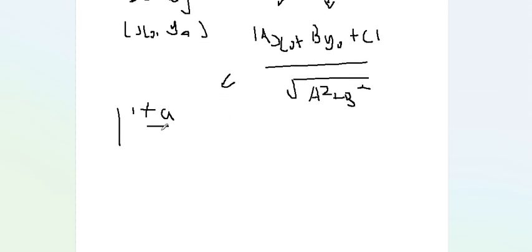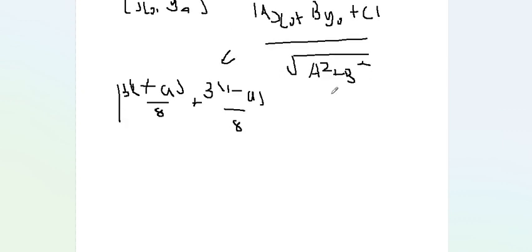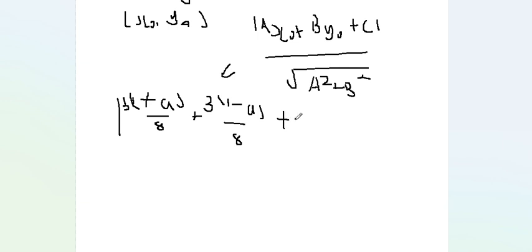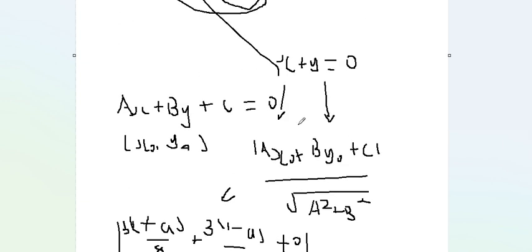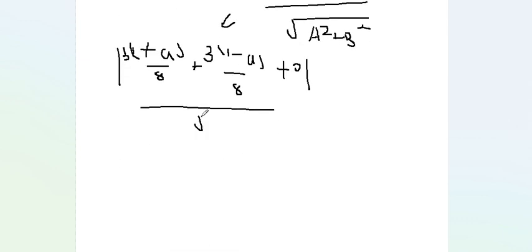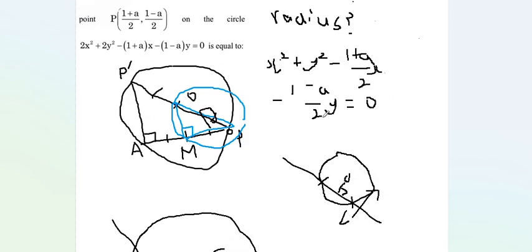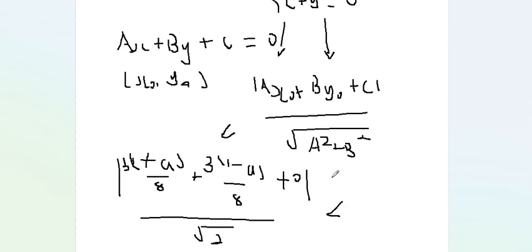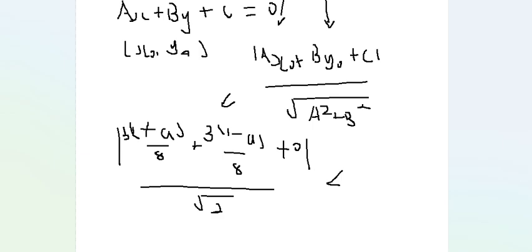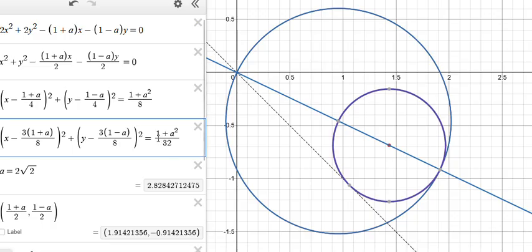So 3 times (1 plus a)/8 plus 3 times (1 minus a)/8, and then c is 0 from the above. There's no constant term here. And then the denominator is the square root of 2. It's going to be less than or equal to the radius of the circle, which we found from before was the square root of (1 plus a squared) all over 32.